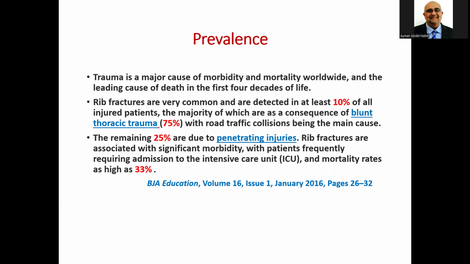The remaining 25% are due to penetrating injuries. Rib fractures are associated with significant morbidity, with patients frequently requiring admission to the intensive care unit, and the mortality rate could be as high as 33%. All of these data is from the British Journal of Anaesthesia Education, Volume 16.